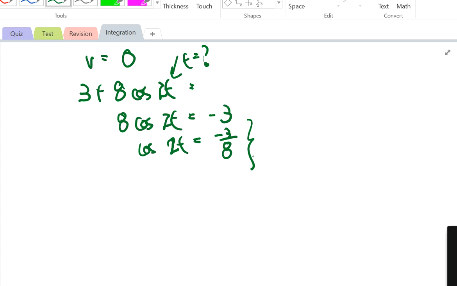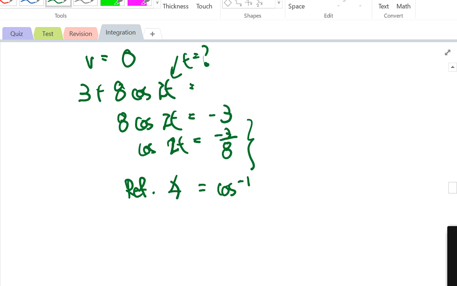I need to find the value of t now. Recall how to solve for t with a single trigo term. I must find the what? The cosine inverse. Yes. But this is called the what angle? Basic angle or reference angle. Both are okay. So I want to find the reference angle.